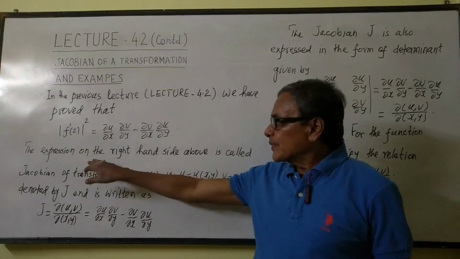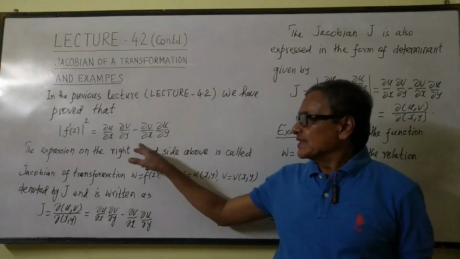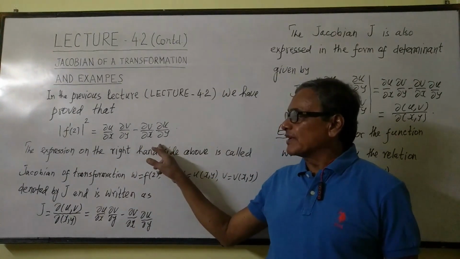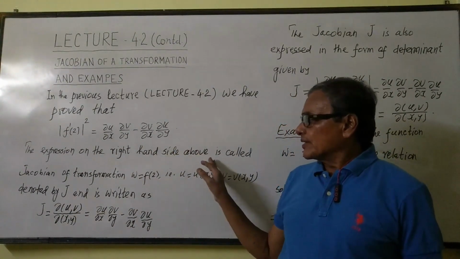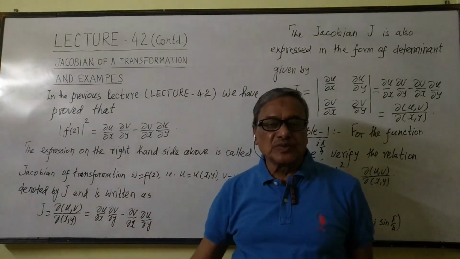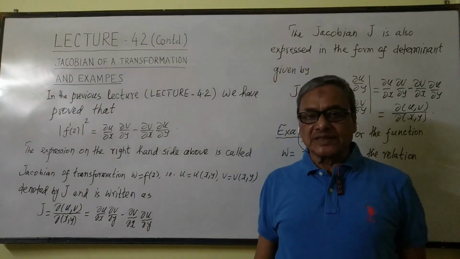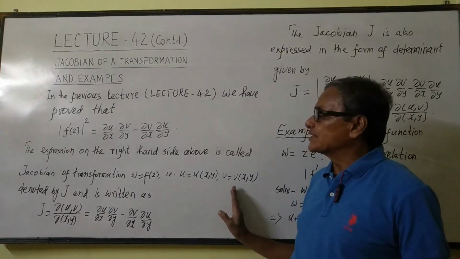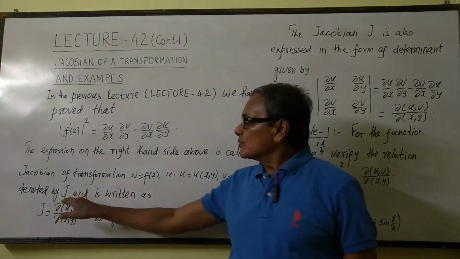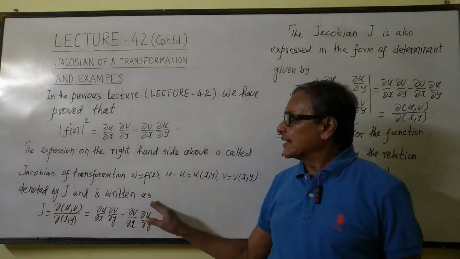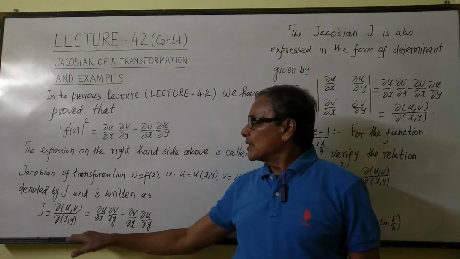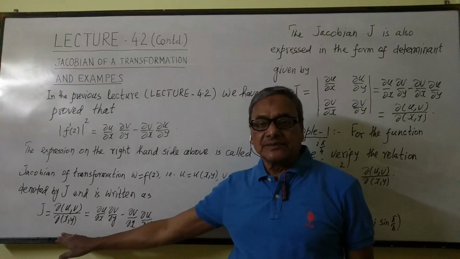So the expression on the right hand side, that is del u del x del v del y minus del v del x del u del y, is called the Jacobian of the transformation w equal to f z, that is u equal to u x y, v equal to v x y, denoted by J, and is written as J equal to del u comma v upon del x comma y.